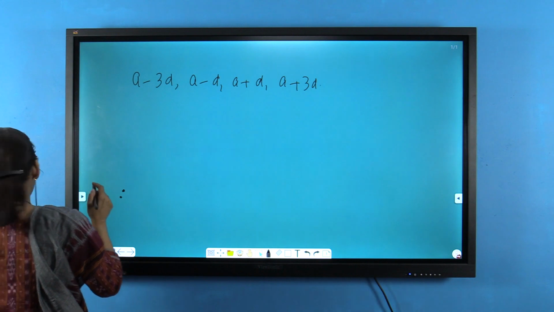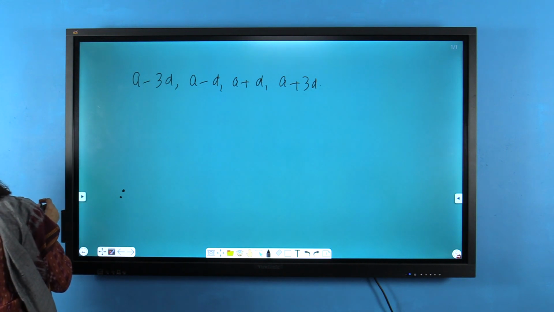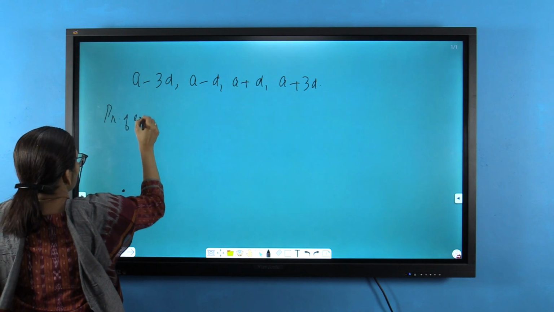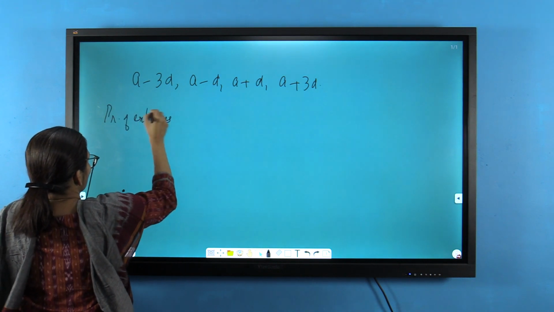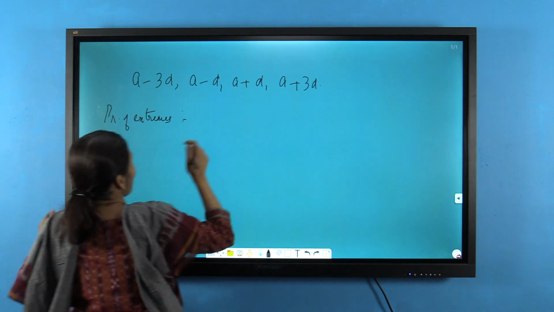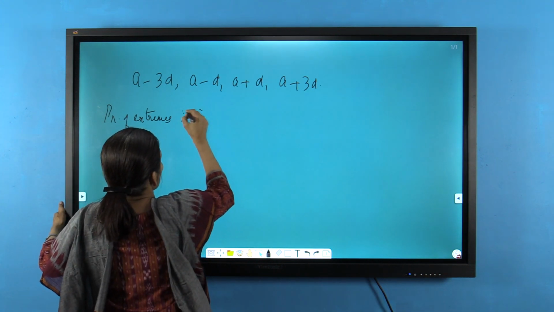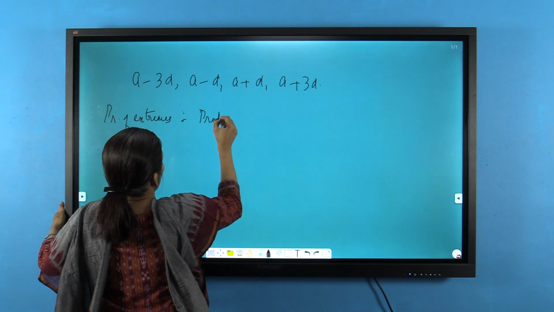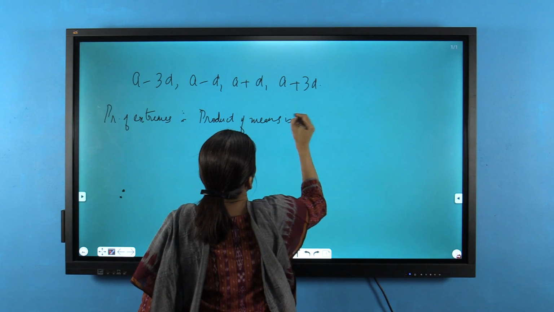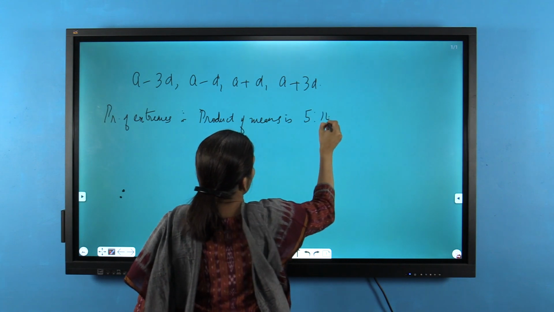Okay, let me do one question. Divide 22 into 4 parts, in AP, such that the ratio of the product of extremes to the product of means is 5:14.